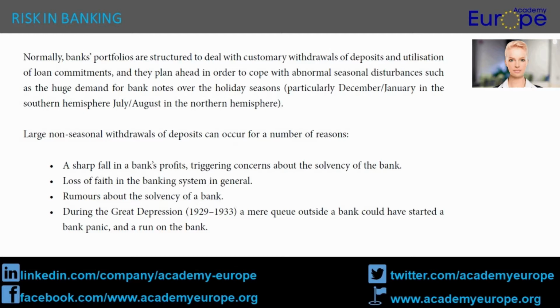Large non-seasonal withdrawals of deposits can occur for a number of reasons: a sharp fall in a bank's profits, triggering concerns about the solvency of the bank; loss of faith in the banking system in general; rumors about the solvency of a bank. During the Great Depression, 1929 to 1933, a mere queue outside a bank could have started a bank panic, and a run on the bank.